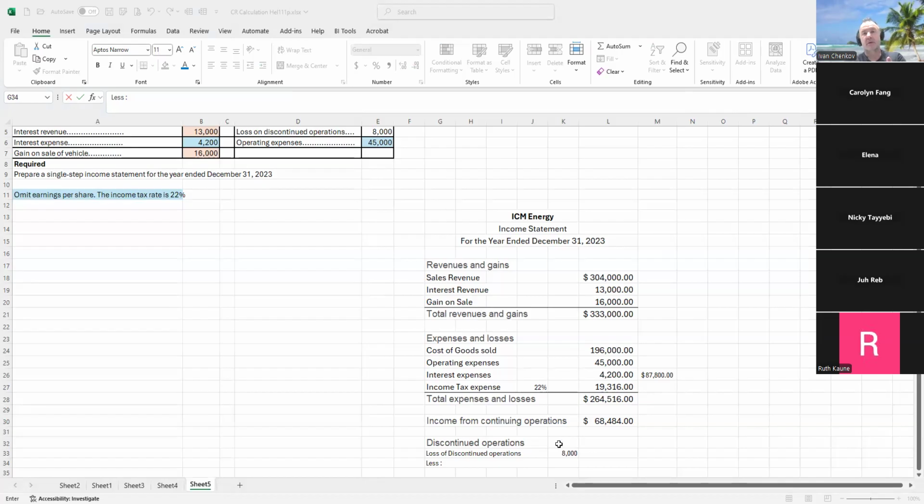It seems like we don't owe taxes, correct? We're losing money. We're losing $8,000. Do I owe taxes? On the 8,000?